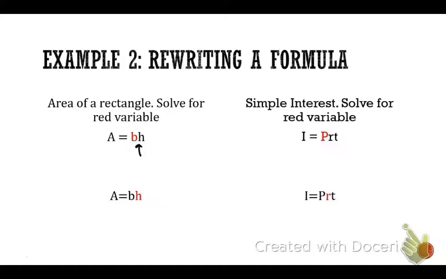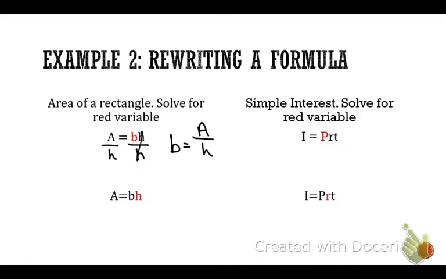Multiplication, okay? So you must divide by whatever is connected to the variable you're solving for. In this case, b. Divide by h. So your answer, once you cancel out your h, is b equals A, my big A, divided by h.